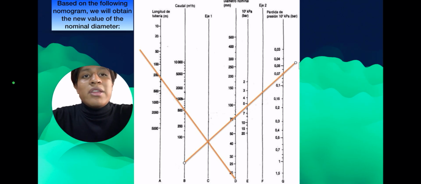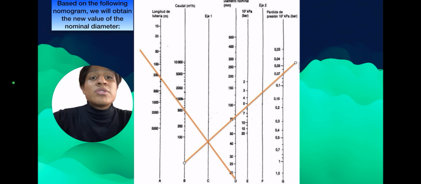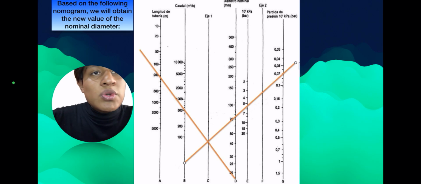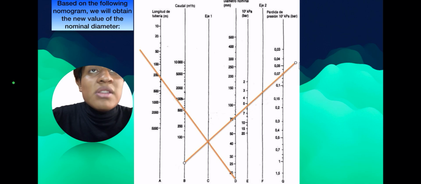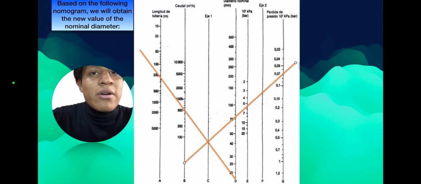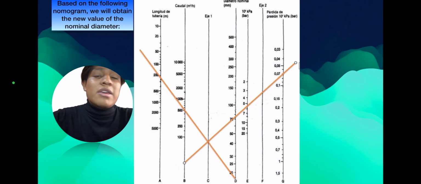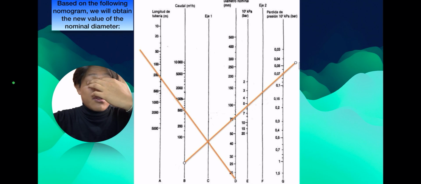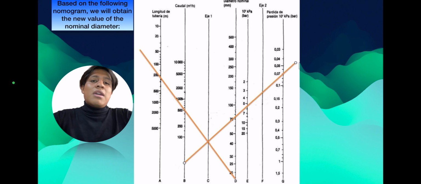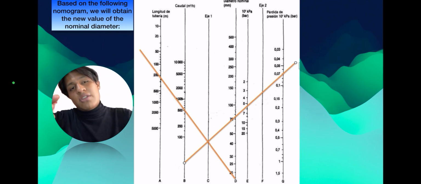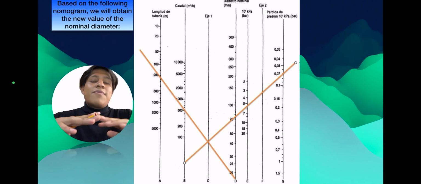It only changed for the length, and everything is okay. Once we have this measure, we're going to know the nominal diameter, that is important to get the diameter of the cylinder. So this is everything for the nomograms. The next step is how to calculate the diameter of the cylinder.